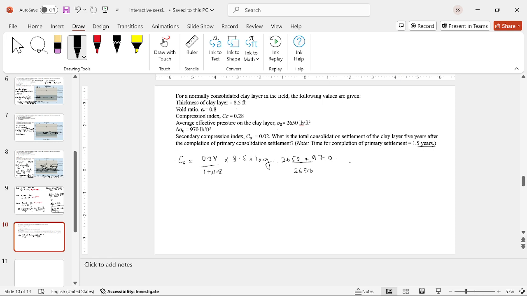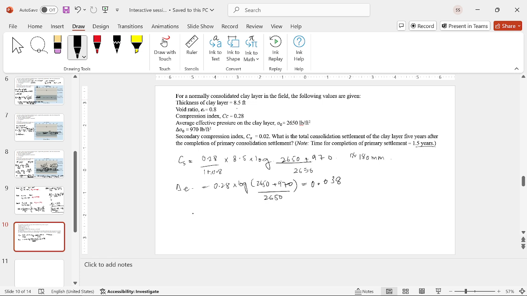This will be about 180 mm. But let's calculate delta E, which will be simply 0.28 into log of 2650 plus 970 over 2650. This will come out to be 0.038.